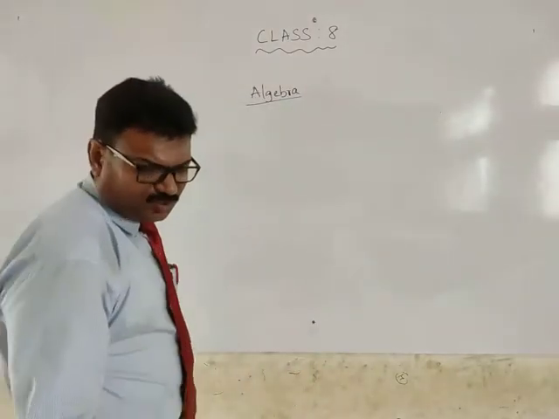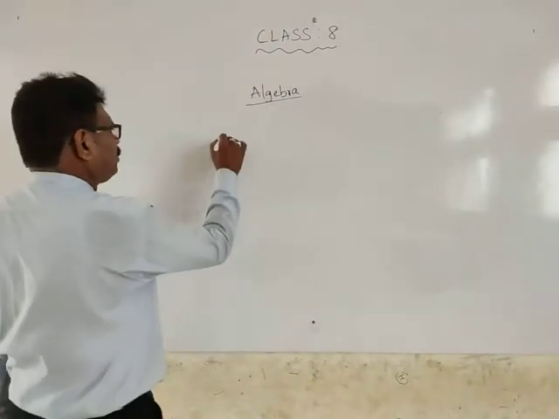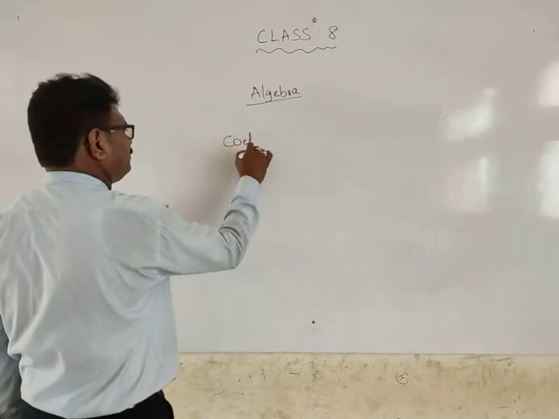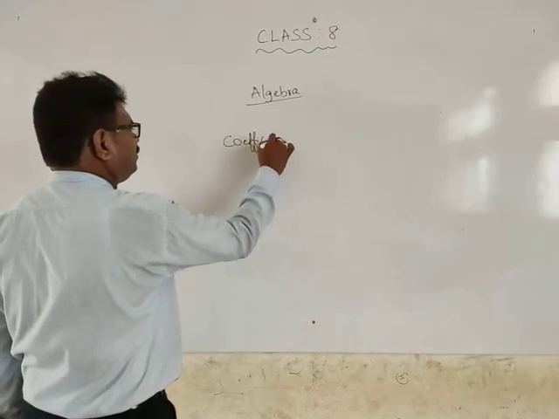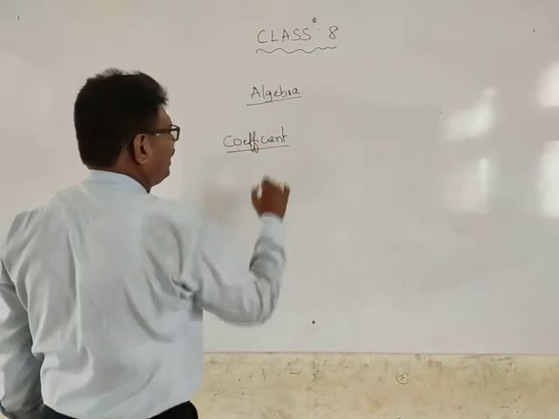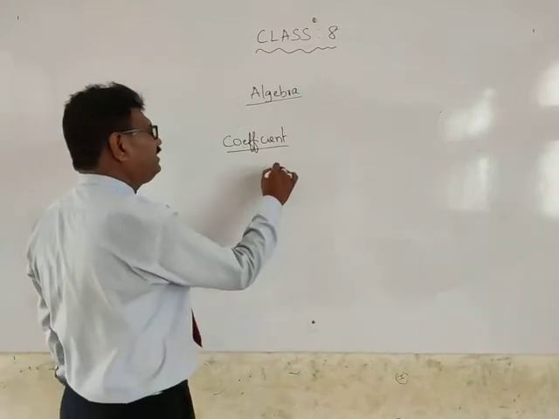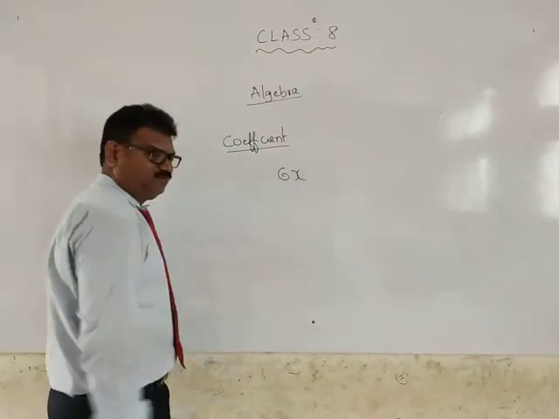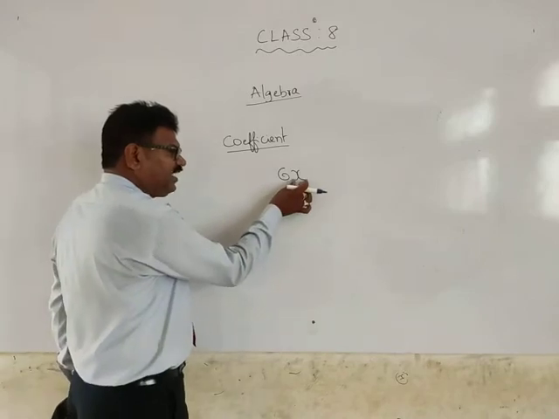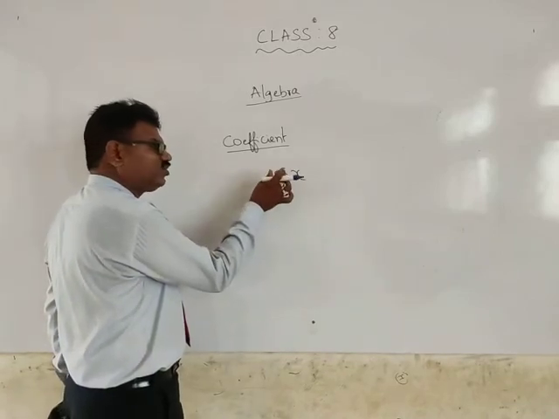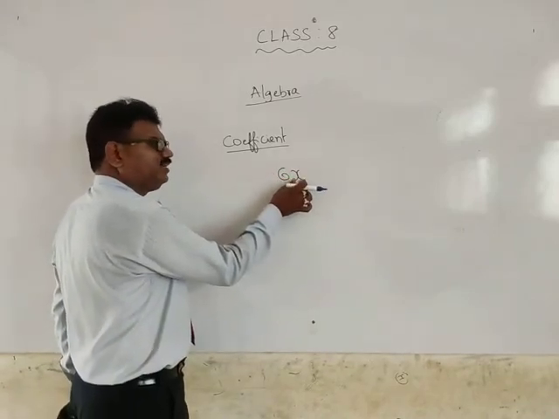Now, we should know one more thing, that is coefficient. What is that? Coefficient. Coefficient means what? For example, 6x I have written. What is the coefficient of x? 6. What is the coefficient of 6? X. That much.